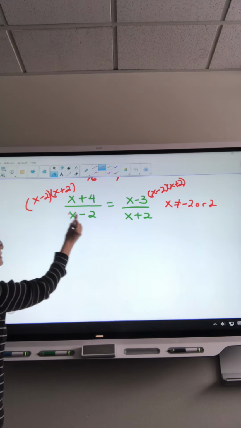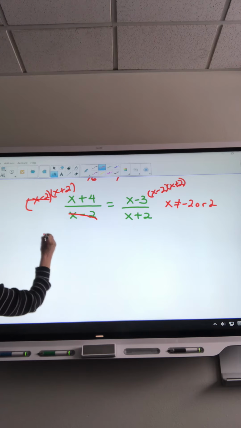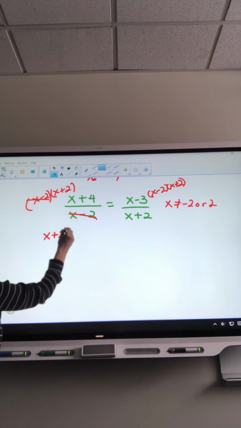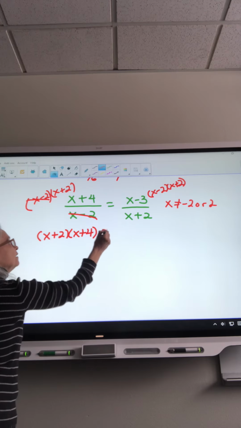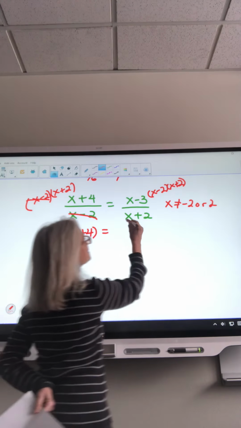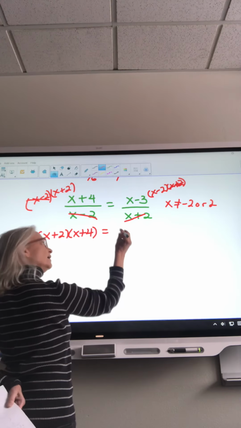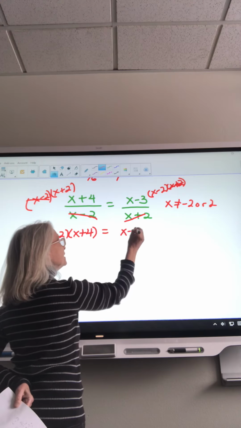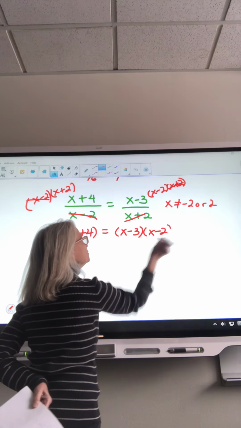So x minus 2 and x minus 2 cancel out. So now we have x plus 2 times x plus 4 on the left. The x plus 2 cancels out. So on the right, we've got x minus 3 times x minus 2.